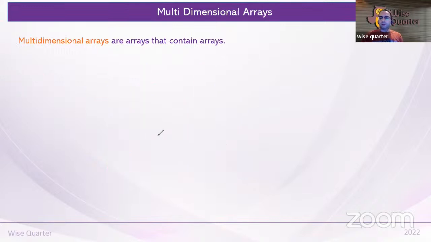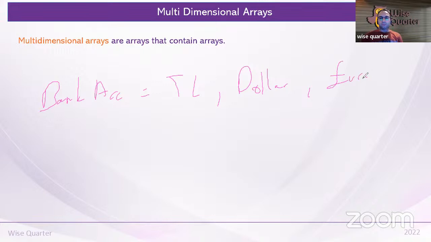Let me explain another thing. Let's think of a bank, and I am creating an account in the bank. I can have Turkish lira, US dollars, or euros. I can have different accounts in my main account. I can store different amounts of money under them.